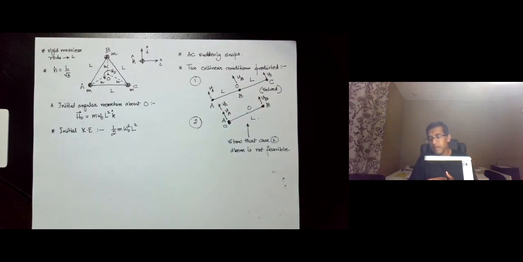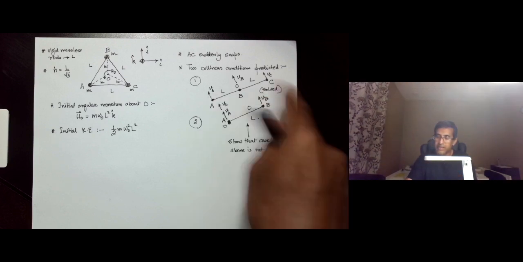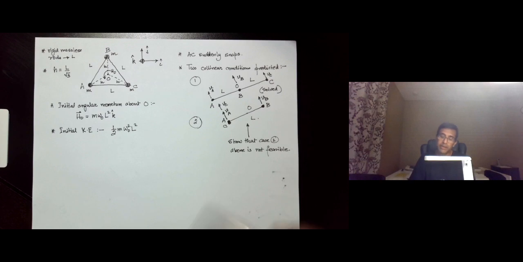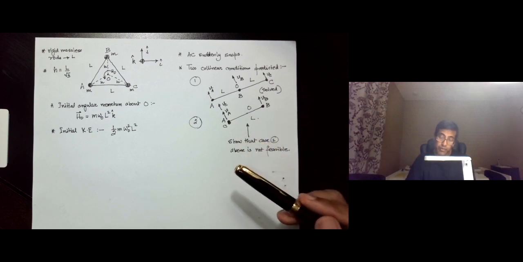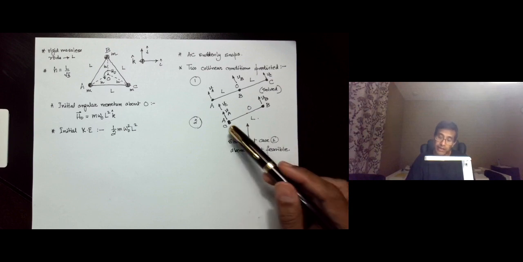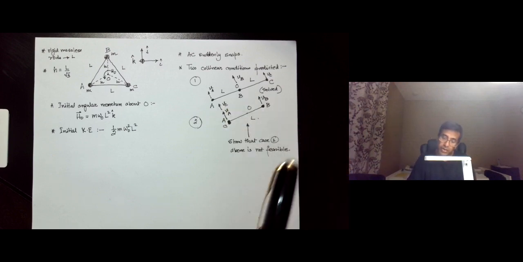Because if they are different, that means they will collide. And so this can be a potential scenario, and the problem goes on to ask us to prove that this collinearity condition is not possible. So we want to show in this video that case 2 is not feasible.